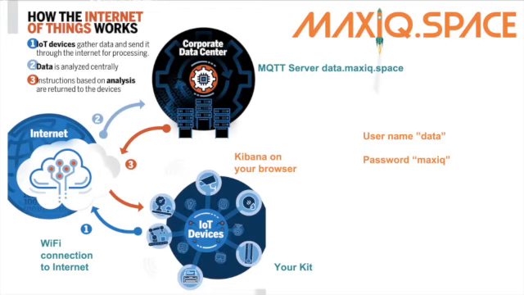If somebody else goes maybe to your dashboard, which we'll see in a few minutes, and they change the name of your dashboard or whatever it may be, don't worry, they're not deleting your data. Your data will always be there on our MQTT server. So now we need to find a way how we can display that data.